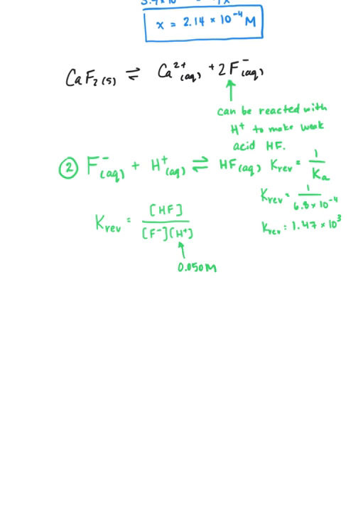So this equilibrium constant, with a value of 1.47 times 10 to the 3, is equal to HF concentration over fluoride concentration times 0.05 molar. To solve for HF in terms of fluoride concentration, we ultimately end up with 73.5 times the fluoride concentration.